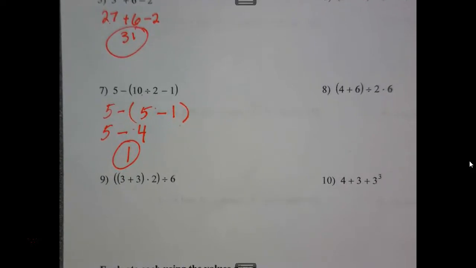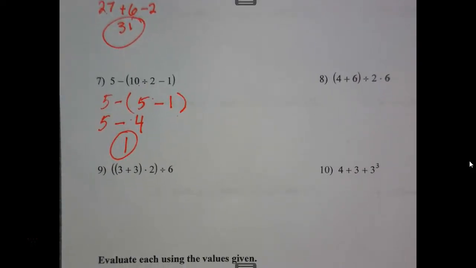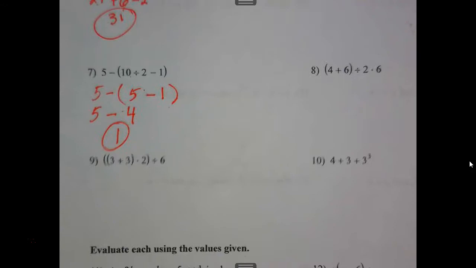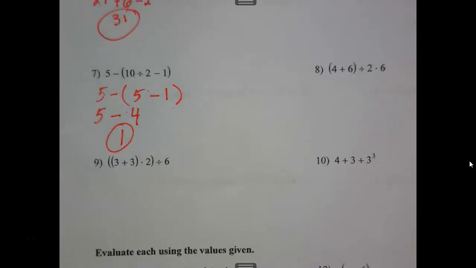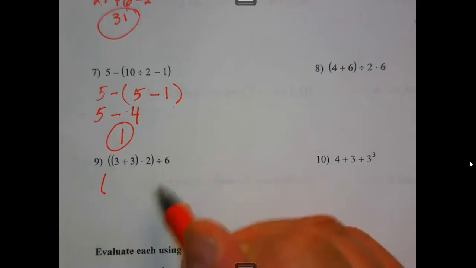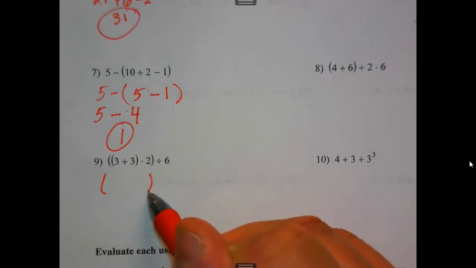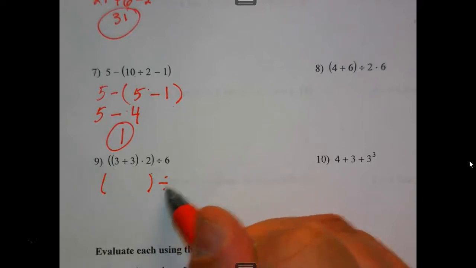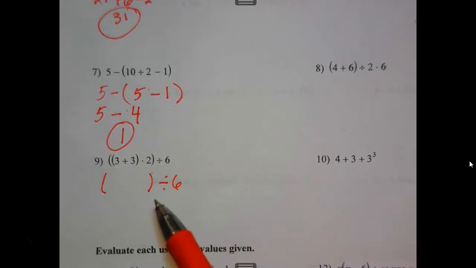Now, number 9, I have parentheses inside parentheses. And this actually happens a lot in mathematics. Do the innermost parentheses first. So I'm going to have to do the 3 plus 3 first. I'm going to keep the outer parentheses. In fact, I'm going to bring down the divided by 6 because nothing's going to happen over here.